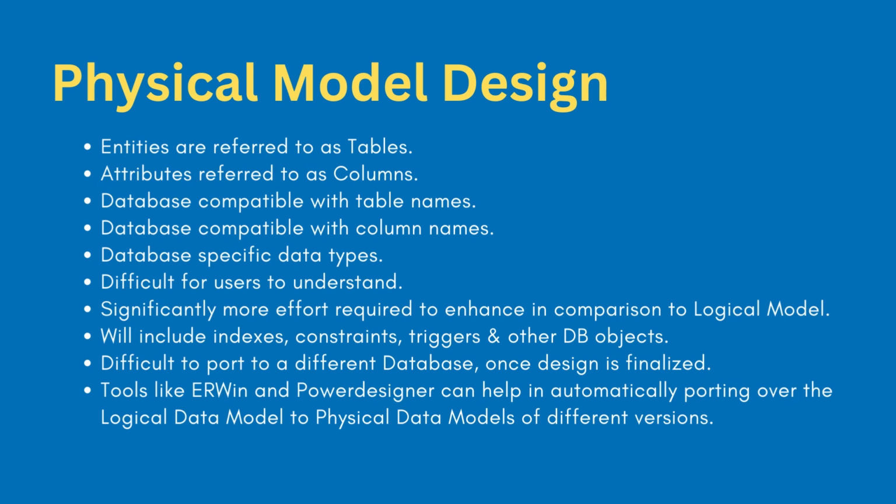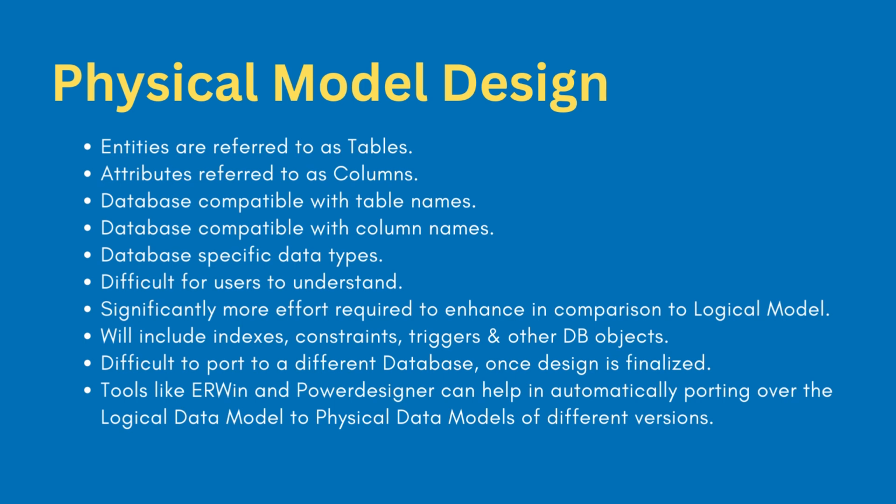We need to provide database-compatible table names and column names, and database-specific data types are also mentioned, so it is difficult for users to understand. Those who do not have any technical knowledge will find it somewhat difficult. But if they see it, they can understand what a column is overall, but at the detailed level they cannot understand.